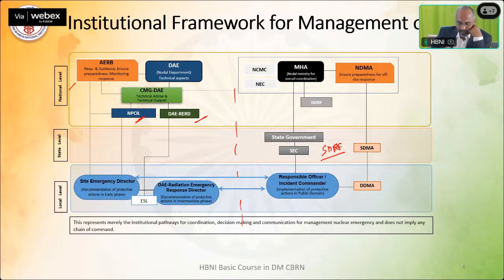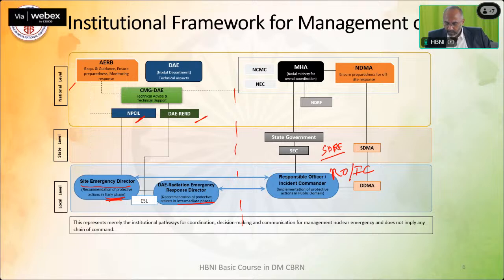So for nuclear emergency, when you look at the local level, there is going to be a site emergency director. I was teaching you about different phases of emergency. There is an early phase and here you see an intermediate phase. Depending upon the phase we are in, the responsibilities are clearly identified. In the early phase, the site emergency director, that is the plant authorities, are responsible for advising the public authority, that is the responsible officer, we call that RO or IC as per the incident response system, IRS, of NDMA.